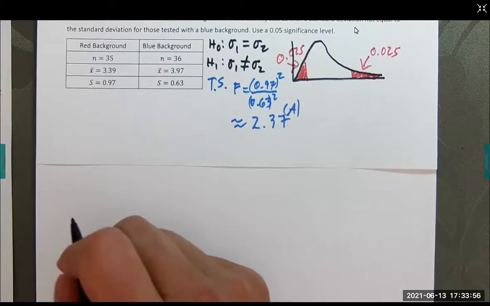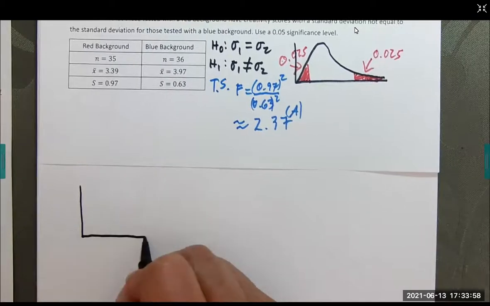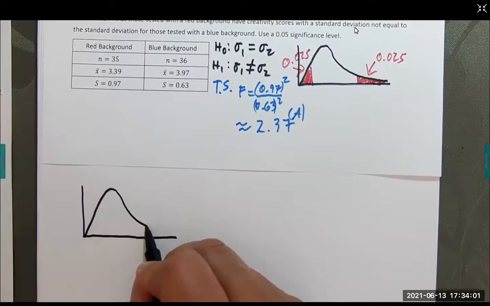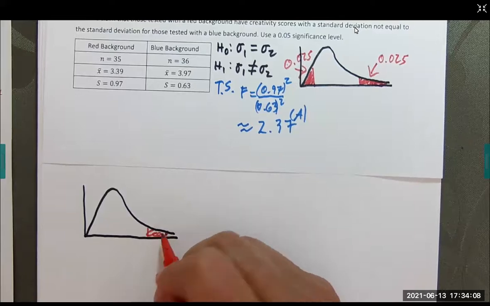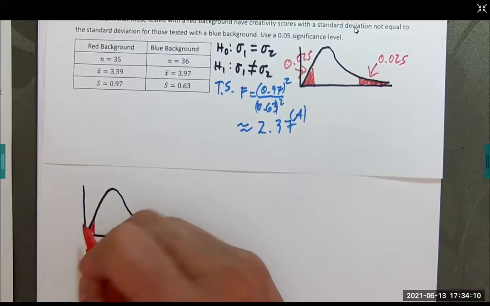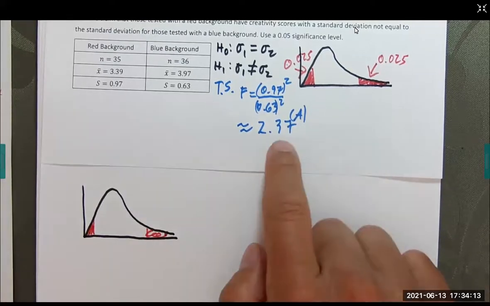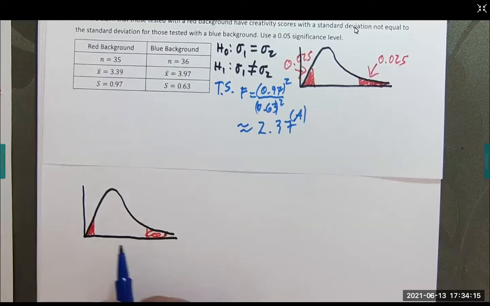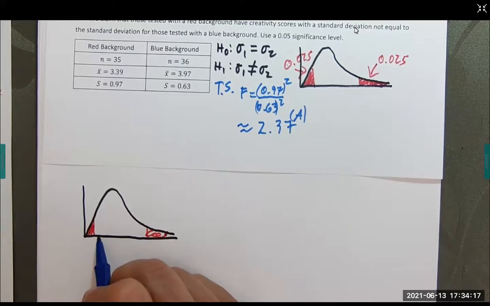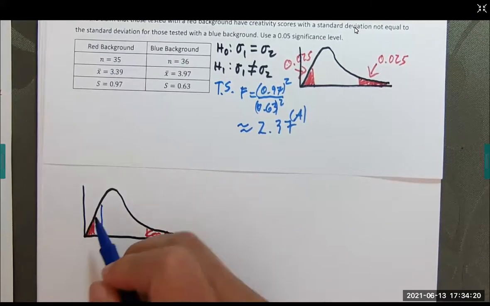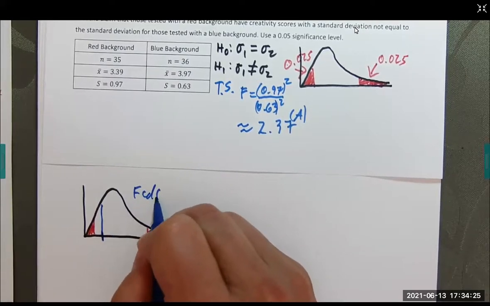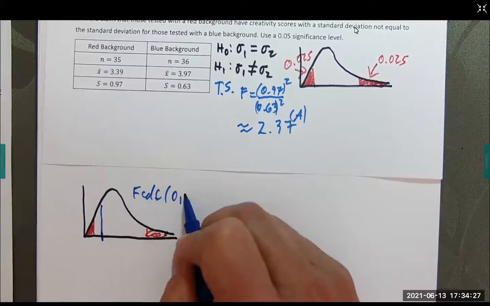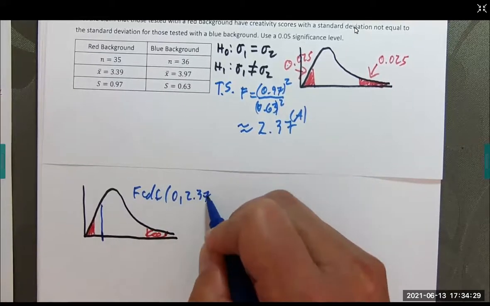One of them is that with the red, I don't know where this value is relative to here. So if it's over here, it's going to be 0 to there. So this is going to be FCDF 0 to my value, 2.37, with degrees of freedom.